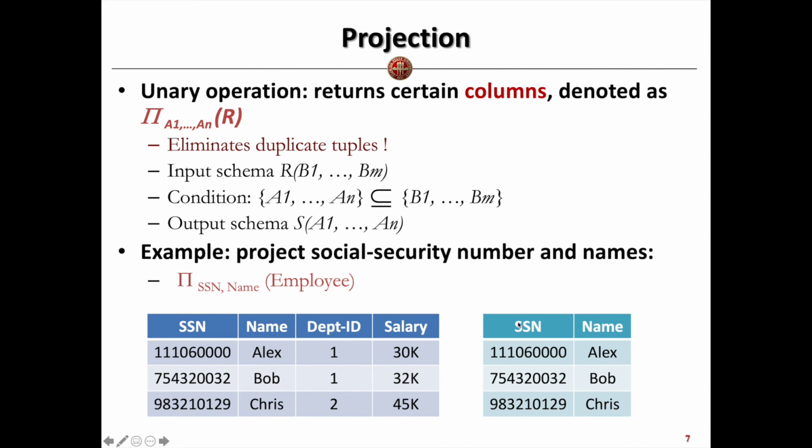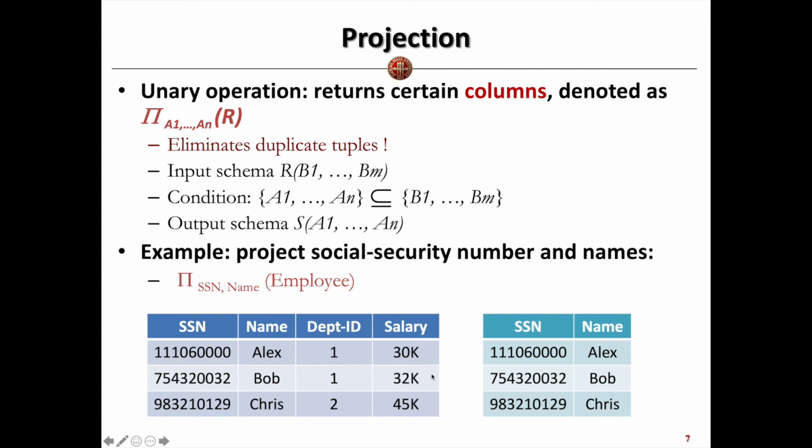So the schema is changed, right? And we also check this SSN and name that both exist in the original relation. In other words, the condition is valid. And we can get the output as shown here. SSN, name, they are the attributes in the output table and the relation. And let's further check the data tuples we have in the output.